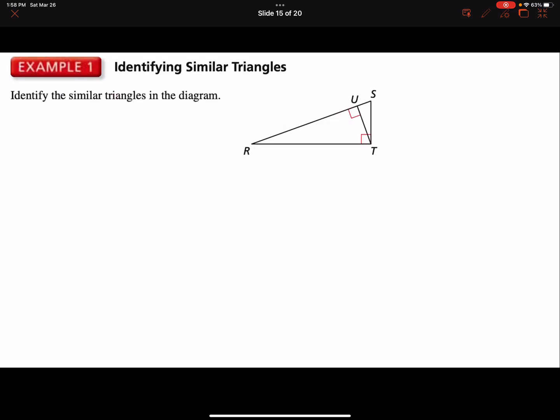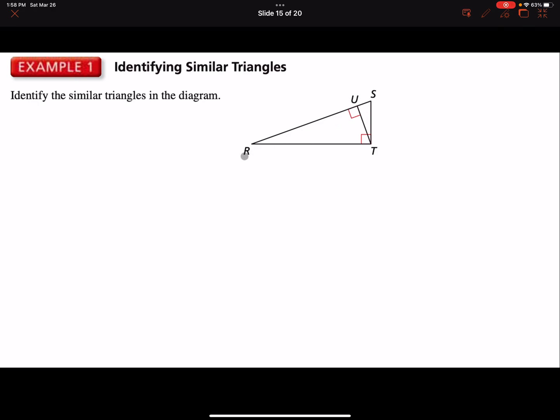So in this example, it says identify the similar triangles in the diagram. I know when I named the triangles earlier, I did not name them in the correct order that I was supposed to in terms of the letters. You need to make sure that every single corresponding vertex is in the correct order, okay? So when it says identify the similar triangles in the diagram, I know that there's 3.